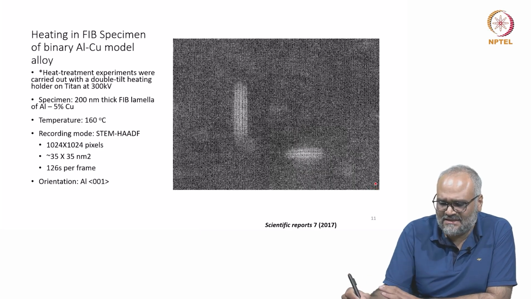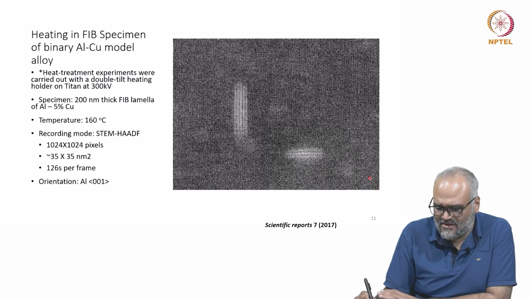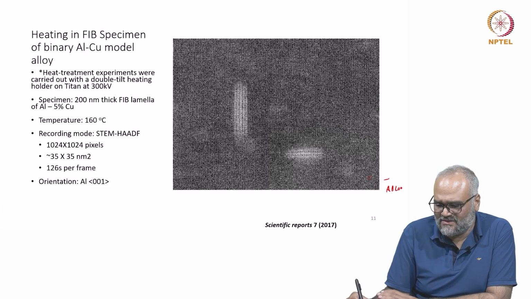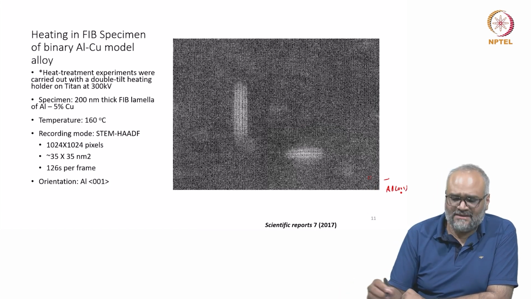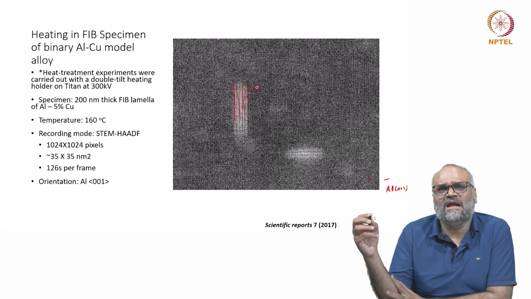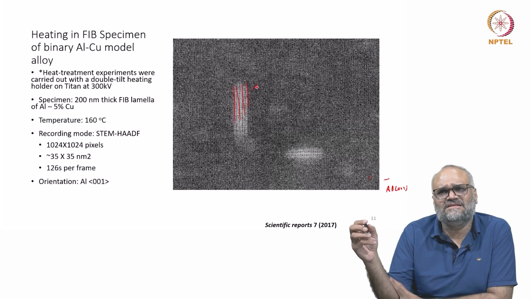and you can see here all these dots here are actually aluminum oriented at 001 direction, and these plates you see here are brighter. So this is STEM HAADF mode.